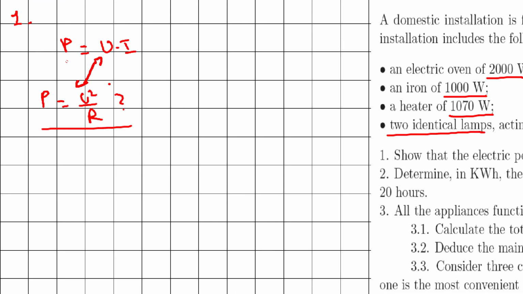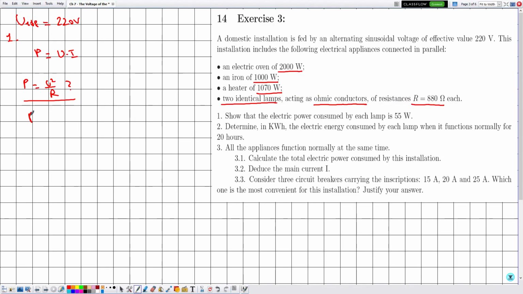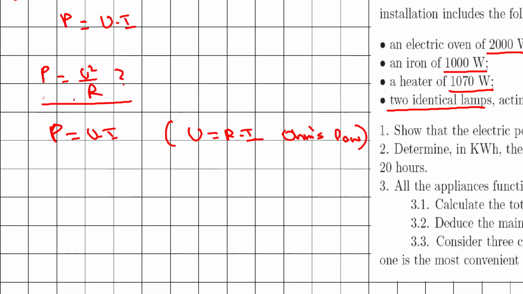So if you compare both forms, because R appears, it means that we need to start with the general form and apply Ohm's law, which is given by U is equal to R multiplied by I. Now comparing both forms, we need to get rid of I, because I doesn't appear in this form.